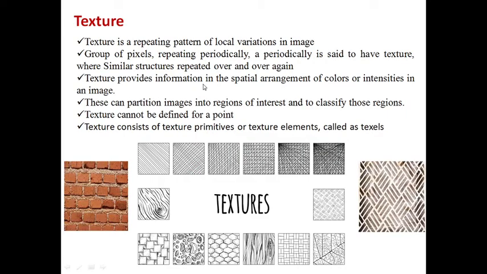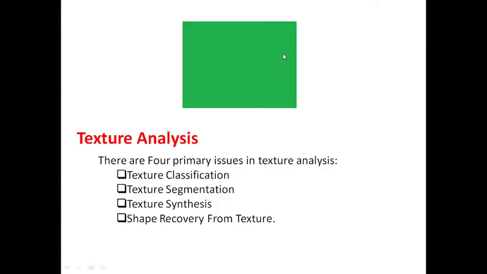If I have a uniform image like this, I cannot find the texture, because all the intensities in this image are spread uniformly, and I cannot find any pattern inside this image.